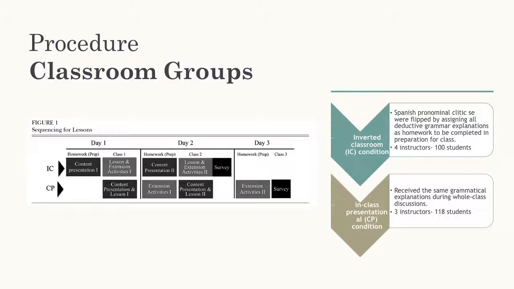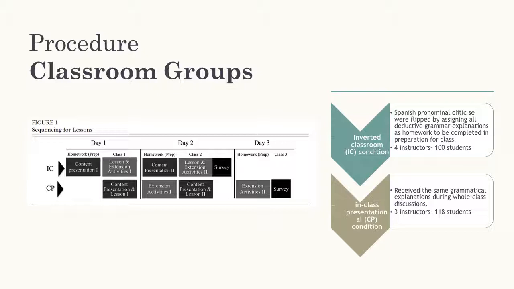For the in-class presentational condition, they saw the same grammatical explanations but during whole-class discussion. There were 100 students in the inverted class with 4 instructors, and 118 students in the in-class presentational with 3 instructors.